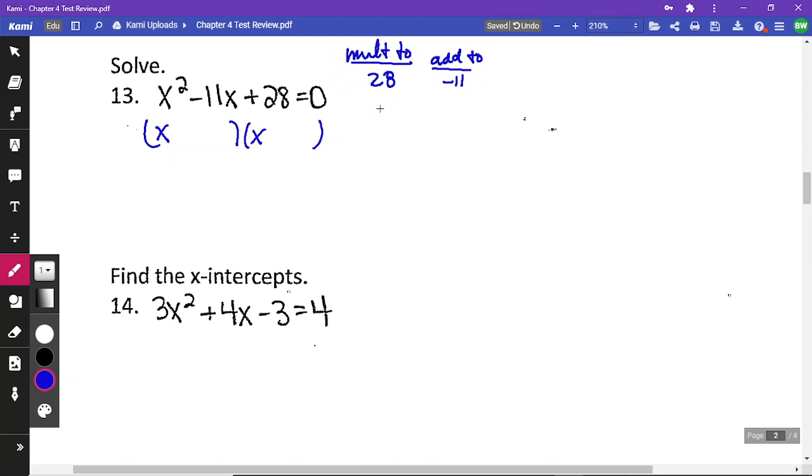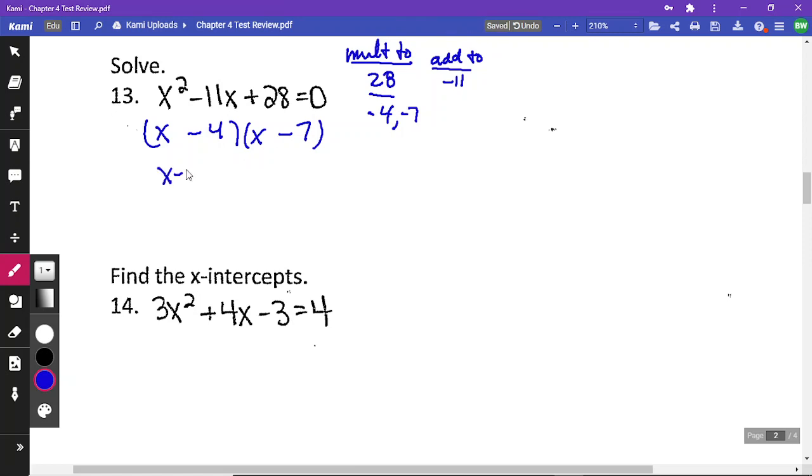Multiply to 28, add to negative 11. Let's see, they got to both be negative, and that's going to be negative 4, whoops, and negative 11. I'm sorry, negative 7. Okay, those multiply to 28 and add to negative 11. And so they just go in here like this, and we're done. Well, we're done factoring, sorry.